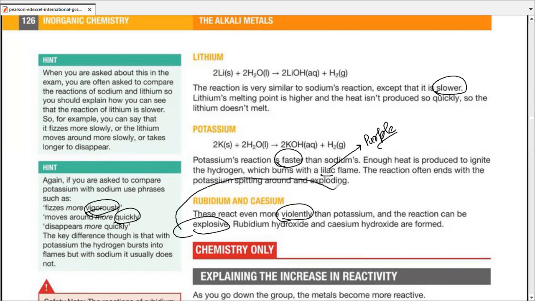Remember to use the words violent and explosive only with rubidium and cesium, because you can't use those words with potassium, sodium, or lithium. Remember to use the word slower only with lithium. In this way, you can manage different words with different metals, explaining to the examiner what you have seen or how the reaction goes. Make sense? Yes. Good. Let's move on.